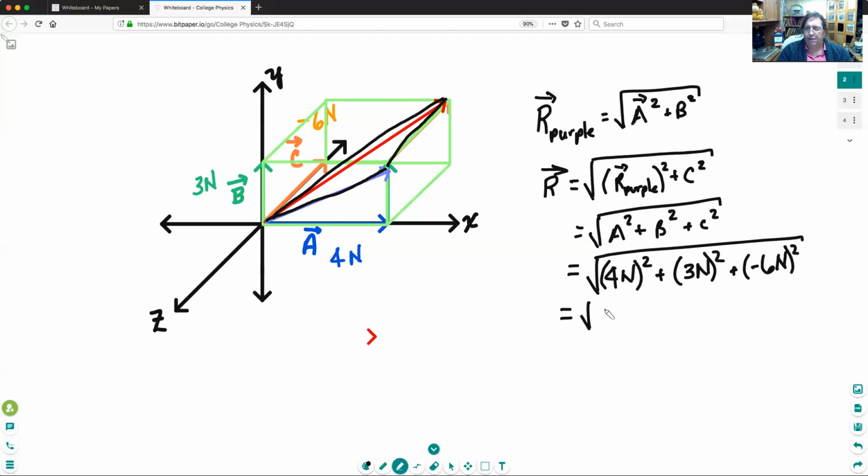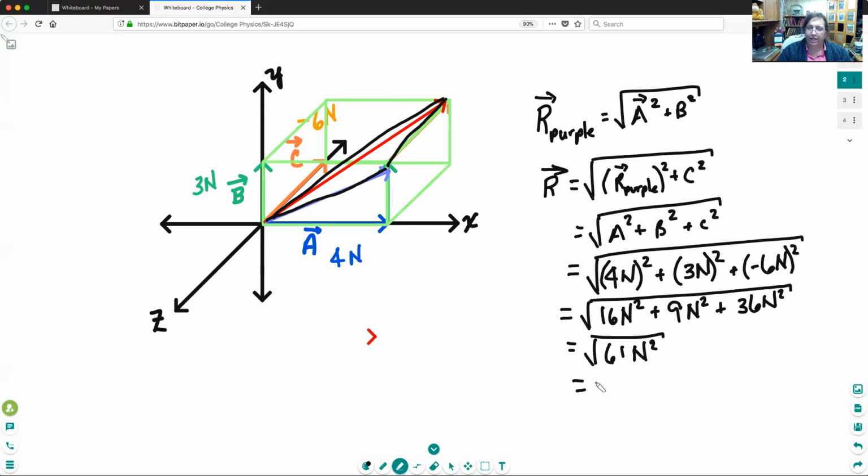So we've got 16 Newton squared plus 9 Newton squared plus 36 Newton squared. And we add all this up, it's going to come out to the square root of 61 Newton squared.